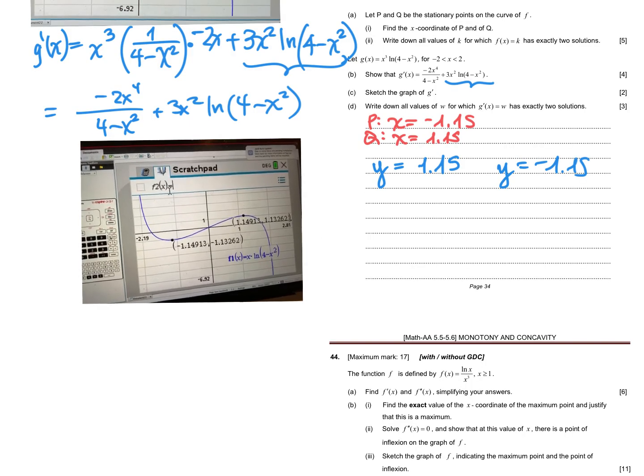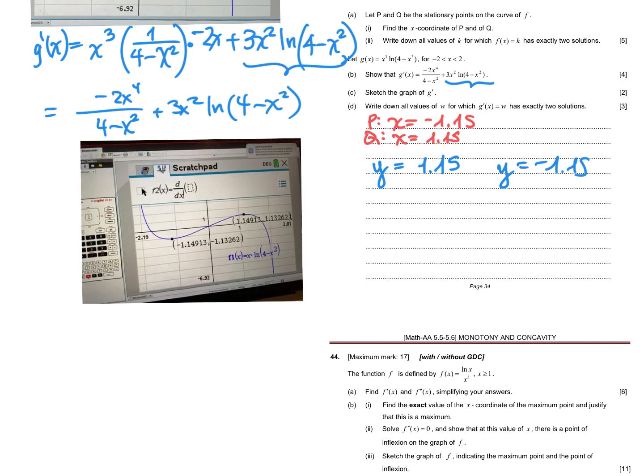Get another function, and if you go into this little thing here, you can get this, and then you do d/dx with respect to x, and then you can put in your original function, which is x to the third times natural log of 4 minus x squared.